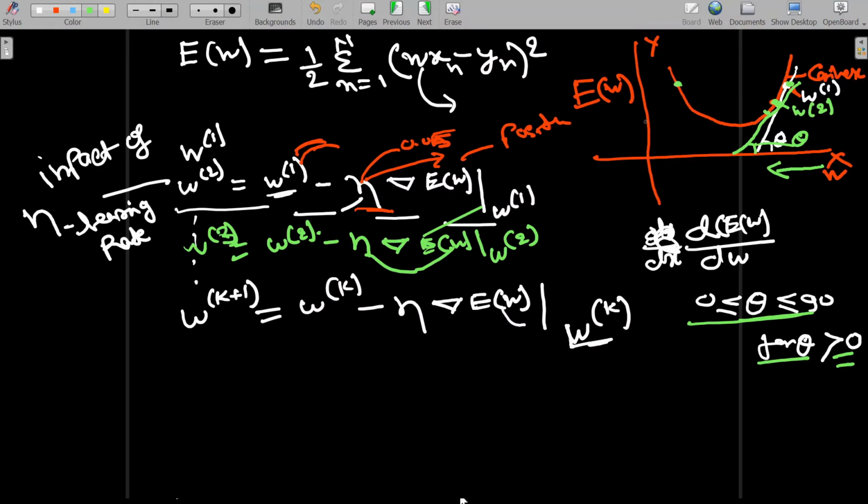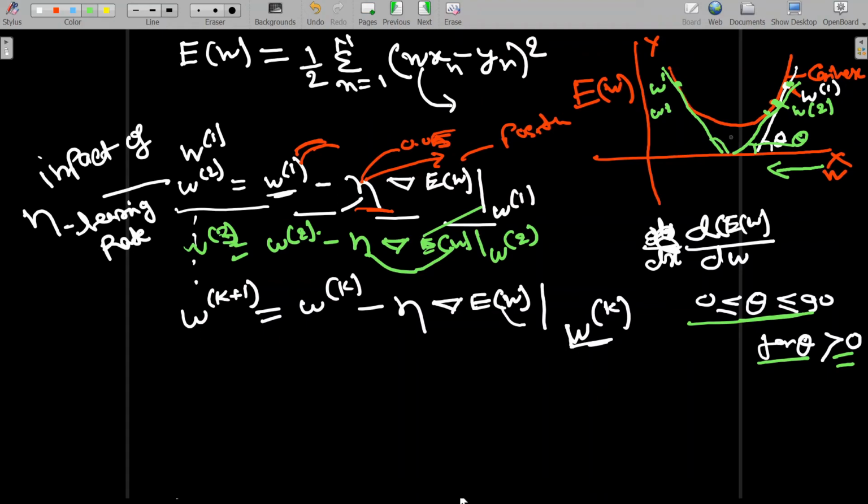What would happen? If you want to find the next point, this is W1, W2. So how will you find this W2? W1 minus eta, which is 0.05, times the gradient of this error function at point W1. As we know, the gradient is nothing but the tangent line at this point.